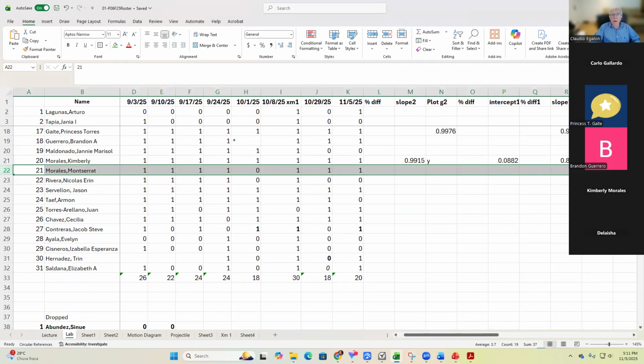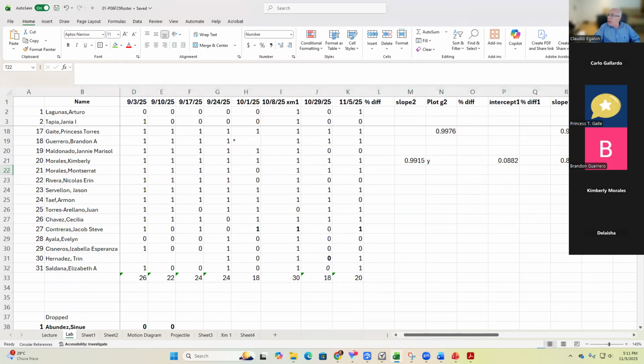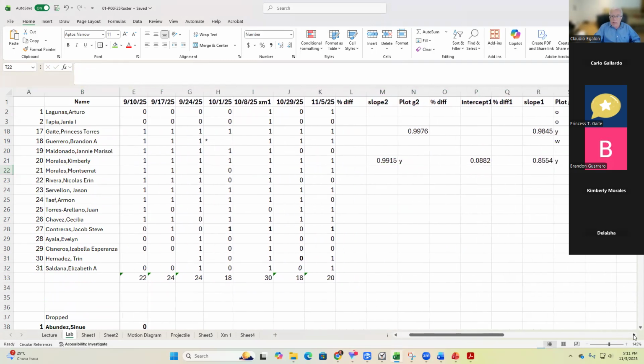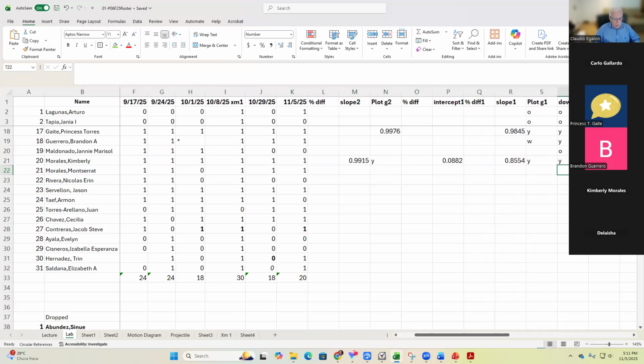Is Montserrat there? Okay, so let's see. No problem with the download, right? You plotted graph number 1. That's the slope, right, Montserrat? What about the intercept of graph number 1? 0.9915. Okay, you have the same numbers that Kimberly has because you are in the same group, right?